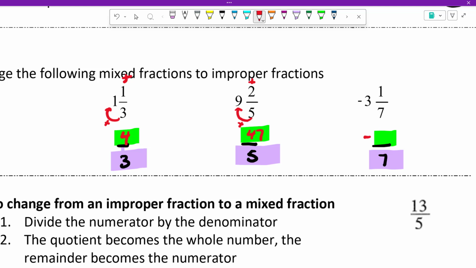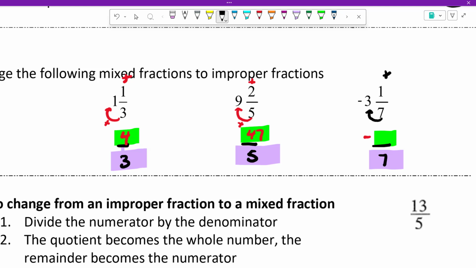I'm hearing lots of different numbers. Okay. So, to do this, ignore the negative sign. All right? We have 7 times 3 is 21.